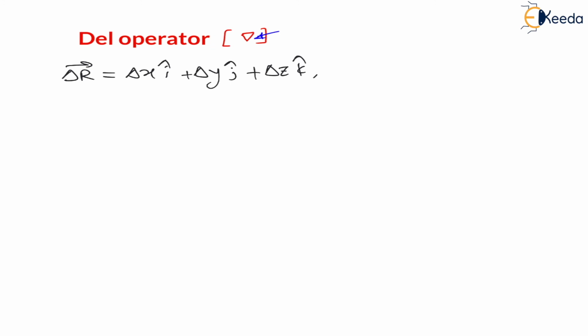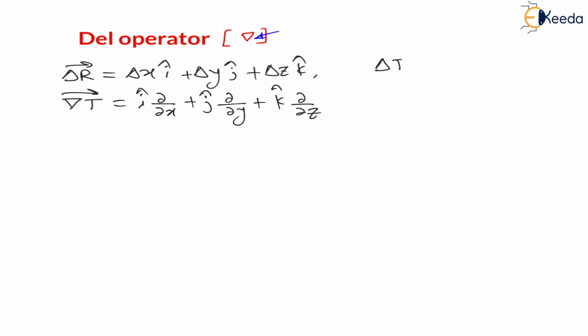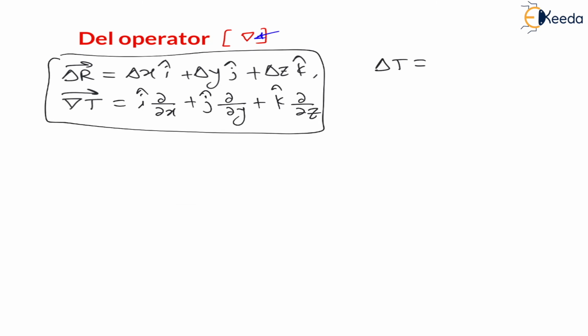And similarly, we have seen the del operator, that is del t. This is a vector quantity. Del t will be equal to i dou x plus j dou y plus k dou z. And here also, the change in temperature del t is different. These both are vector quantities.